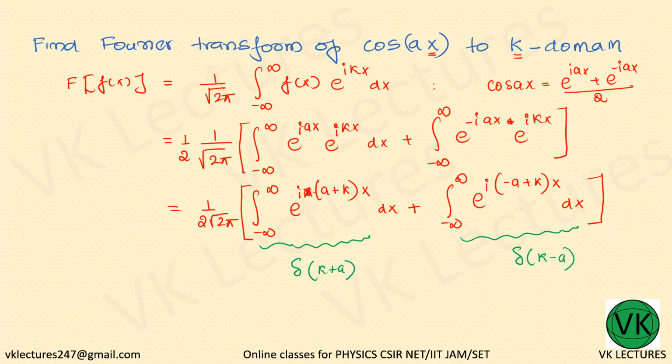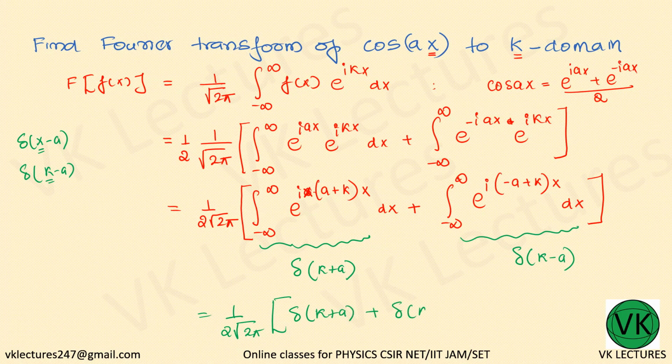Earlier we have seen delta of x minus a, where x is the domain. Here delta of k minus a, so k is the domain. So this becomes 1 divided by 2 root of 2 pi times delta of k plus a plus delta of k minus a.